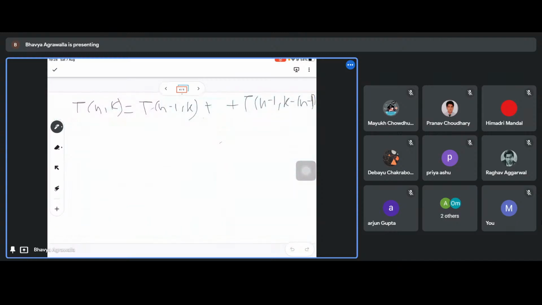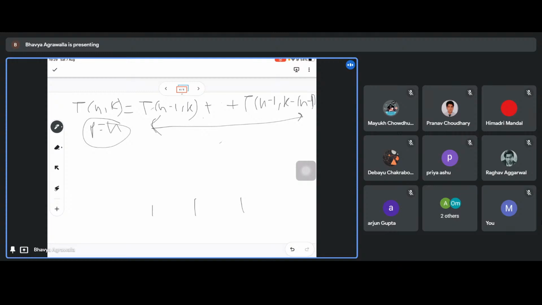Now, if you see the problem, you have to show this for p less than or equal to n. So take the first case, when p is equal to n. We'll do this in a sort of diagram.